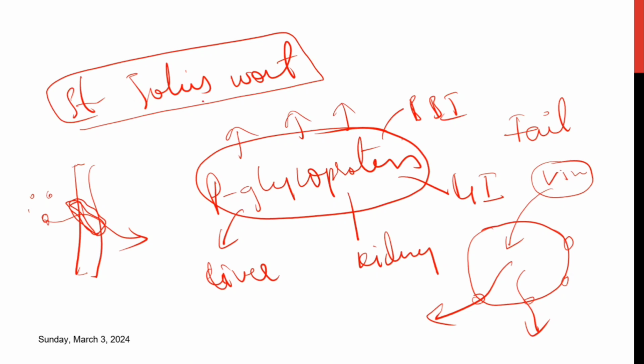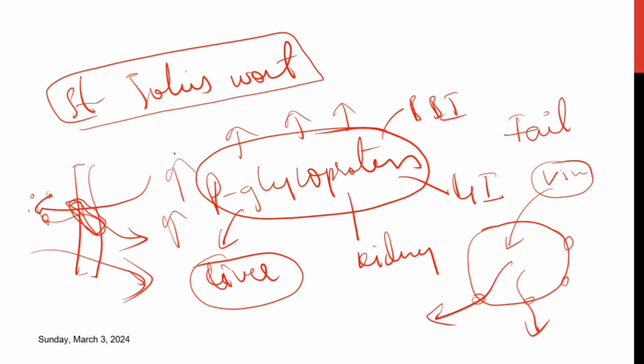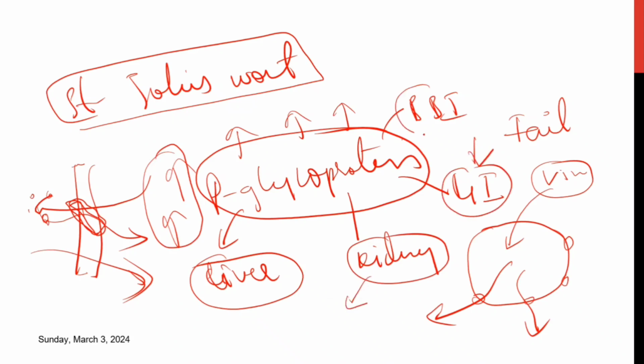Okay, so St. John's wort will induce the P-glycoprotein, and here it has multiple effects. When a drug enters the liver cell, immediately the liver cells will remove the drug out of the liver, and with that the drug concentration will increase in the plasma, and it may show toxicity also. In the kidneys, excretion may be decreased, GI tract absorption may be decreased, and at the barrier, the activity may not be seen in the brain.